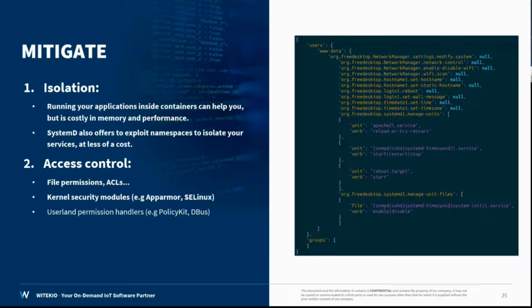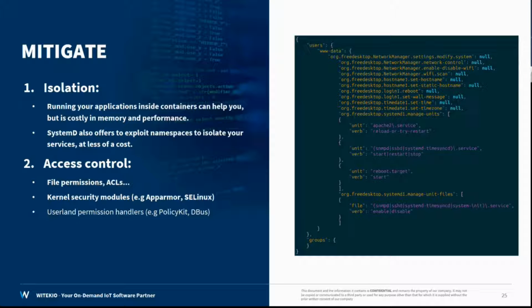What it allows us to do is to use the control offered by polkit, but without the overhead of having to embed the whole of mozjs, which is the Mozilla implementation for the JavaScript engine. Sorry.